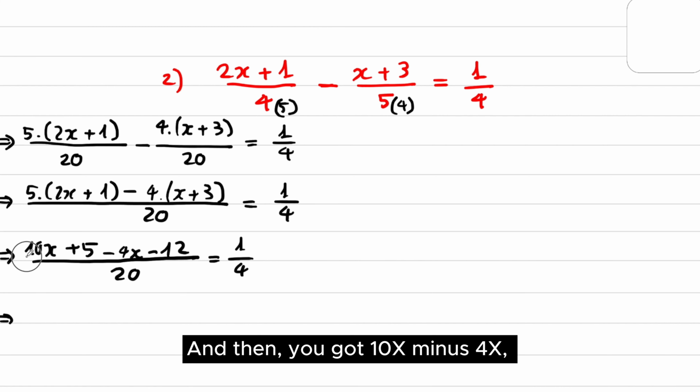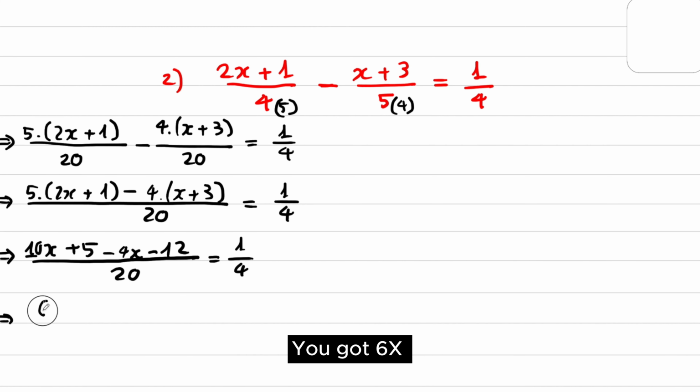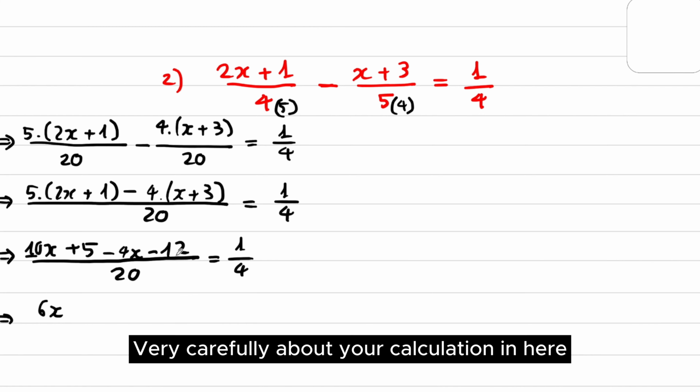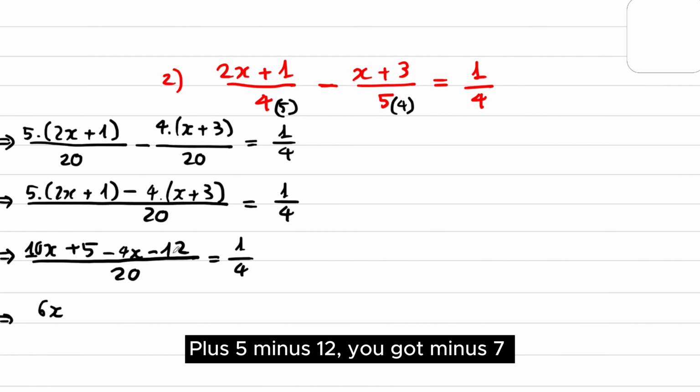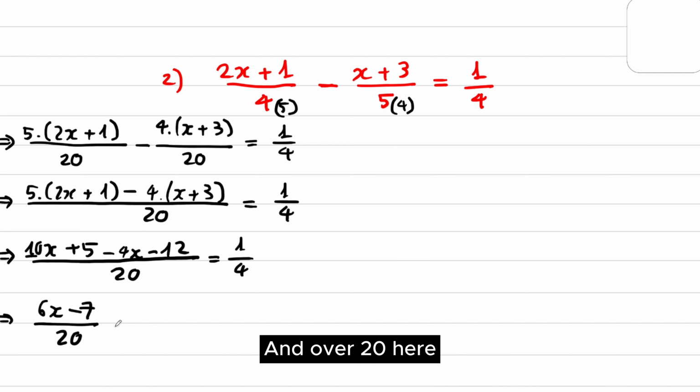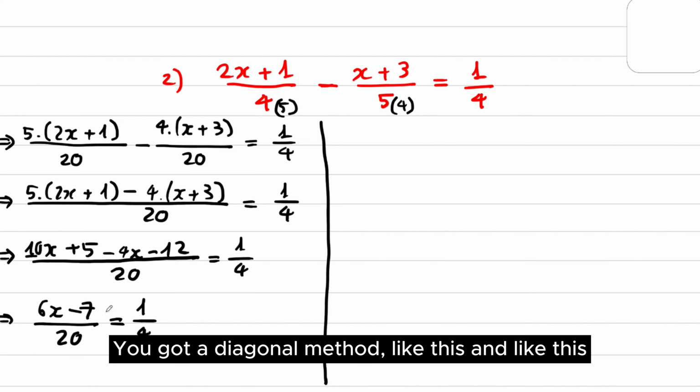And then you got 10x minus 4x, you got 6x, plus 5 minus 12. Be very careful about your calculation here. Plus 5 minus 12, you got minus 7. And over 20 here, and you got 1 over 4. So from this one, you use the diagonal method like this and like this.